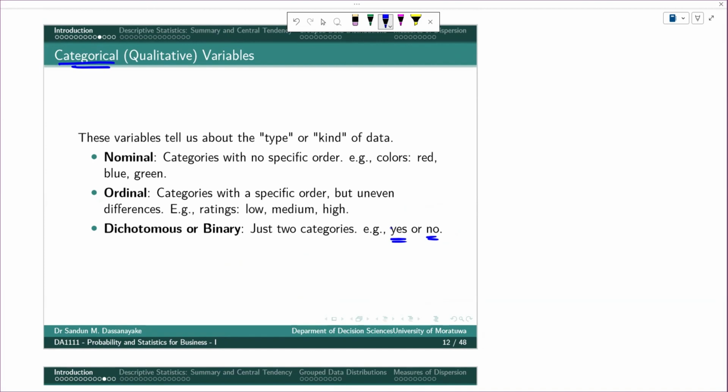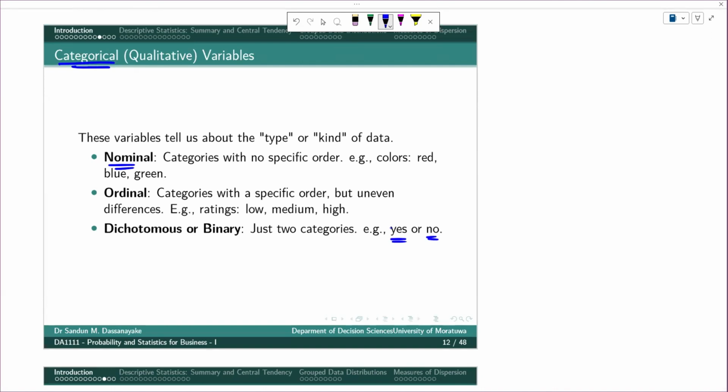Dichotomy, if you look at the dictionary, means two distinct classes. It's very easy to understand in terms of binary, 0 or 1, yes or no. In the case of nominal, it's a name. It can be any name, the faculty of business, faculty of engineering, some name that dictates the class.